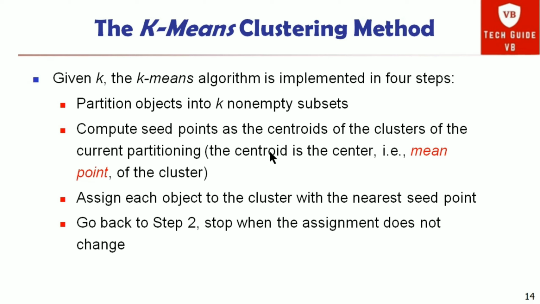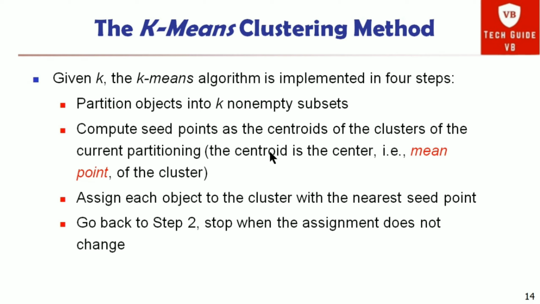Then the second step is to compute seed points as the centroid of the clusters of the current partitioning, that is, finding the center of the cluster. The centroid is the center, that is, the mean point of the cluster.